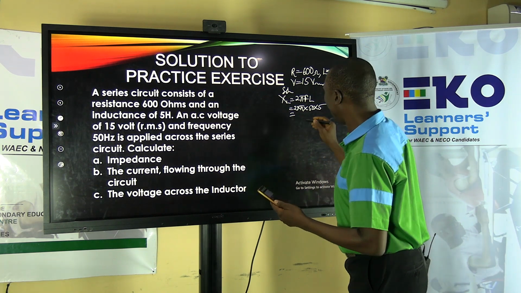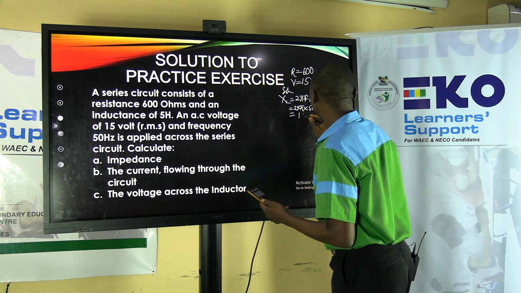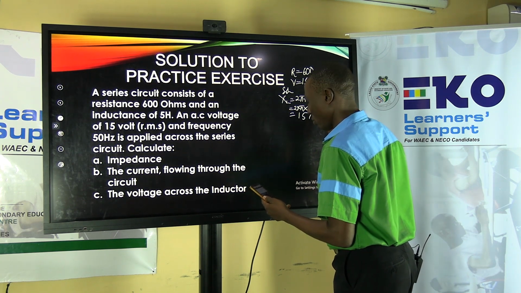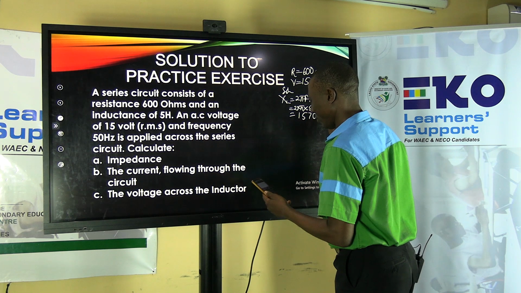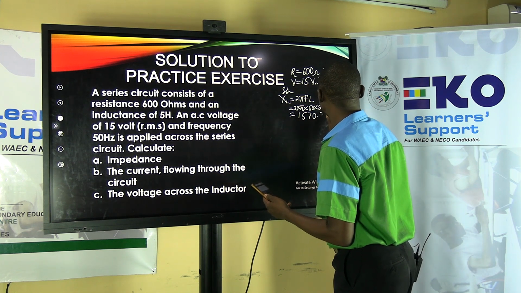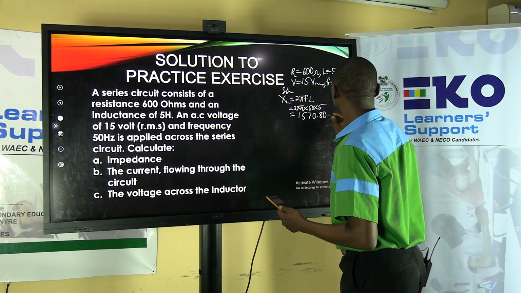So our inductive reactance is 1570.80 ohms.